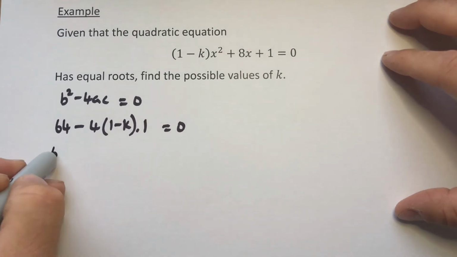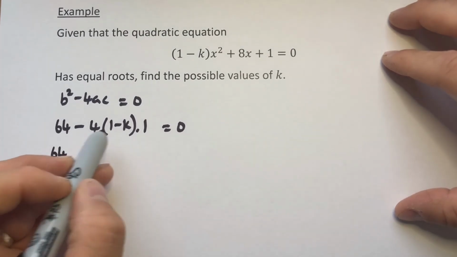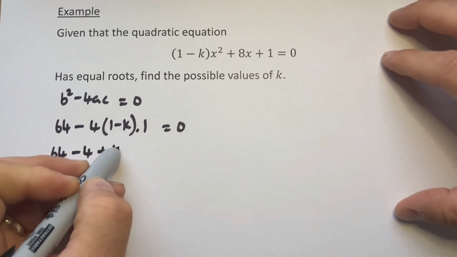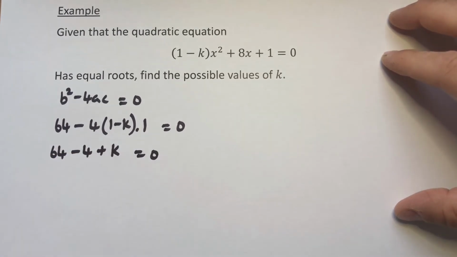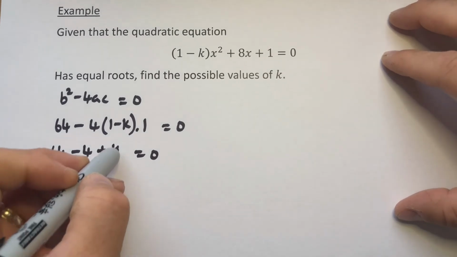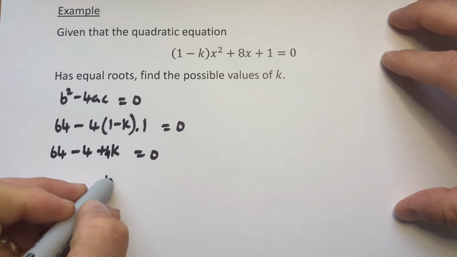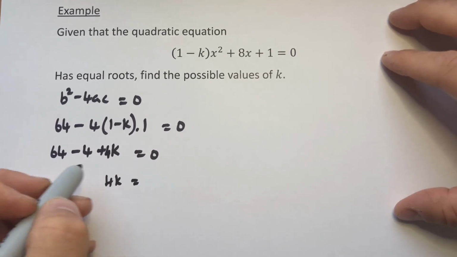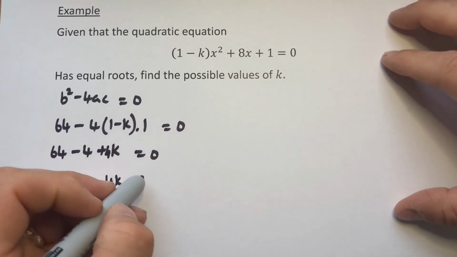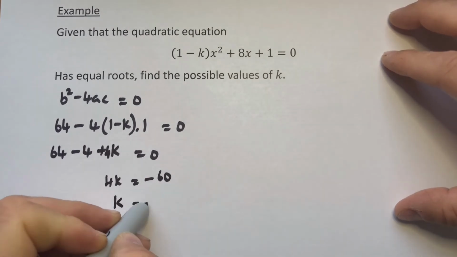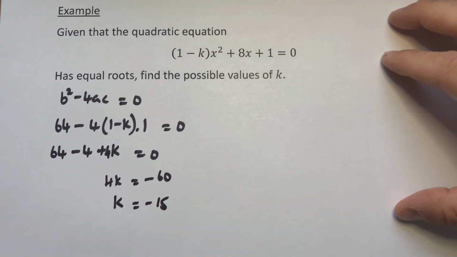So here we have 64 minus 4 and minus minus is plus k equal to 0. So miss the 4 off. So 4k must equal minus 60. So k must equal minus 15.